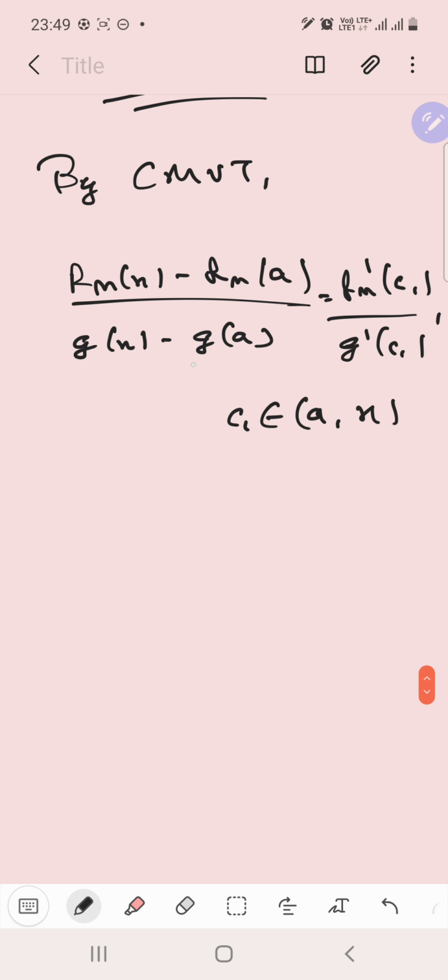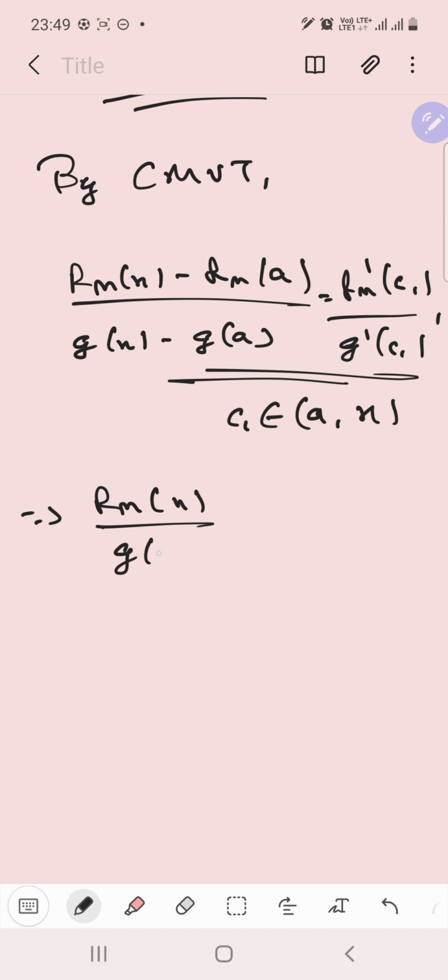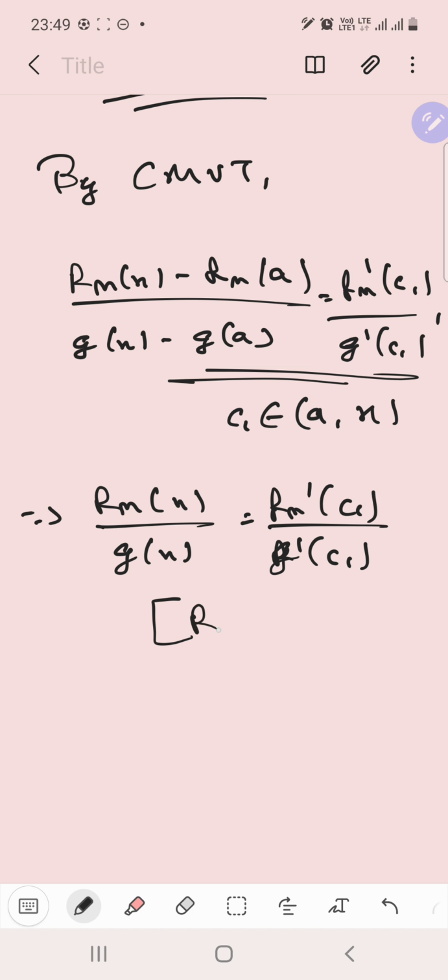Clear? Now this particular equation is the same as Rn(x) over g(x) equals Rn'(c1) over g'(c1). What is the reason behind that? Rn(a) equal to g(a) equal to 0.